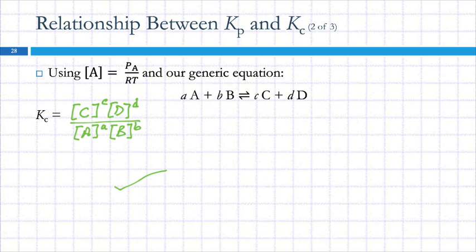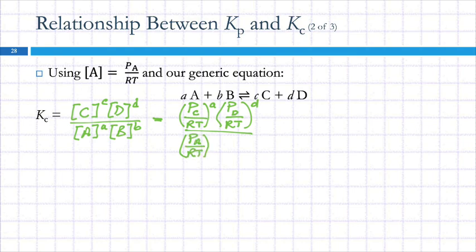So if we plug in these partial pressure expressions here, we've got the pressure of C over RT raised to the c power, and the pressure of D over RT raised to the d power, divided by the pressure of A over RT raised to the a, and the pressure of B over RT raised to the b.